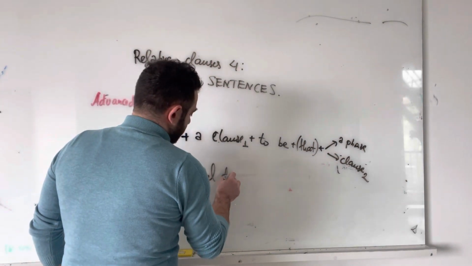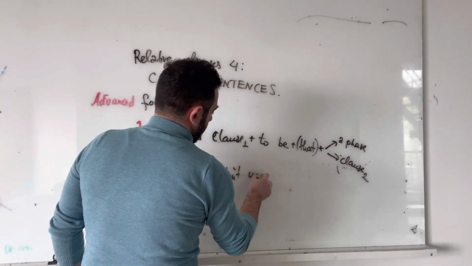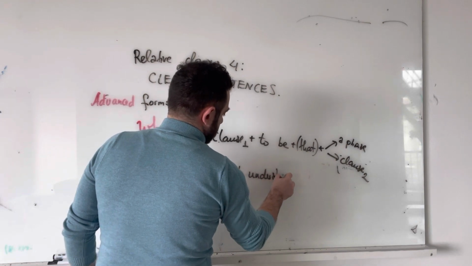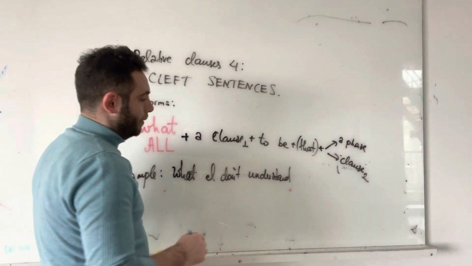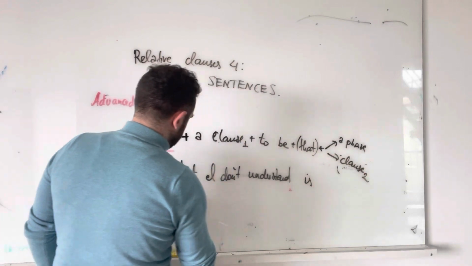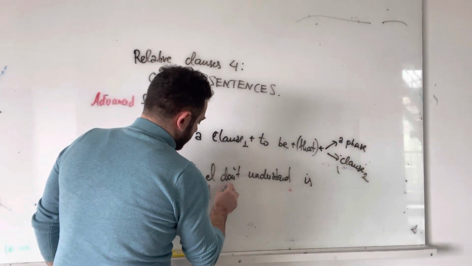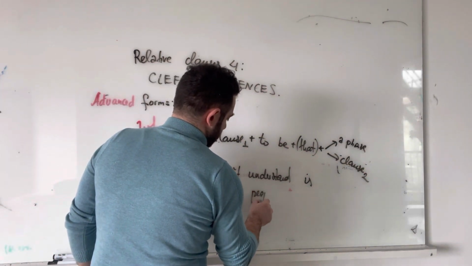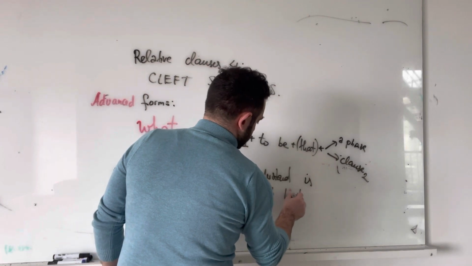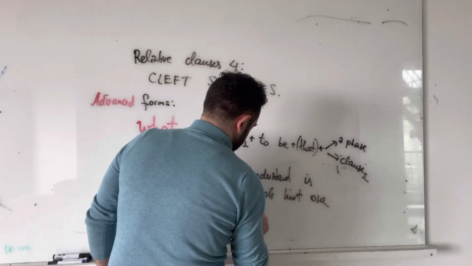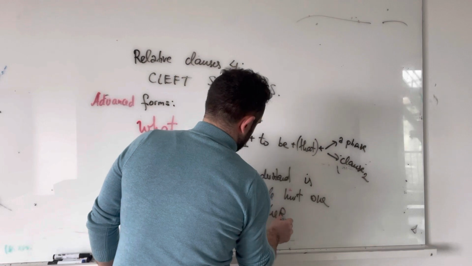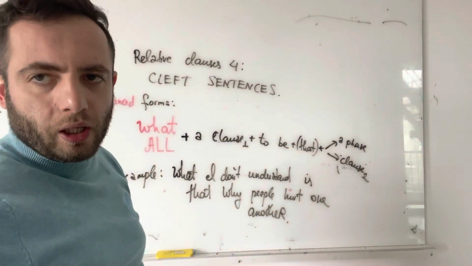I don't understand. What I don't understand is why people hurt one another. So this is one example sentence.